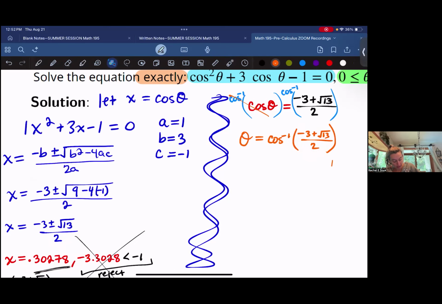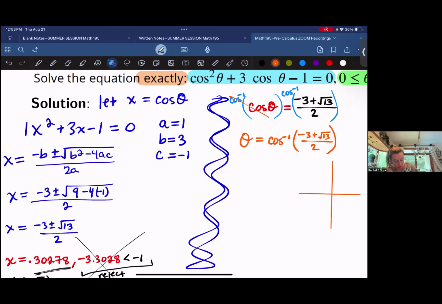So when we look at our unit circle and our acronym, All Students Take Calculus, we're really honing in on that first quadrant and that last quadrant, quadrants 1 and 4, because these are the only quadrants where cosine is positive.